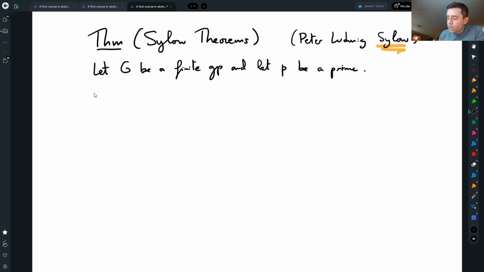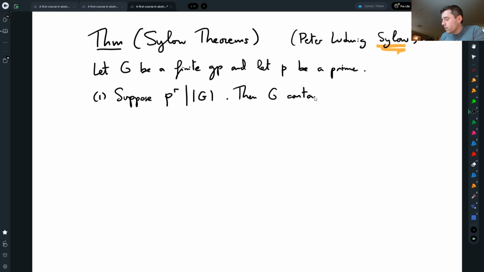The first Sylow theorem, which we have already proved, is the following. Suppose P to the r divides the order of the group, then G contains a subgroup of order P to the r.